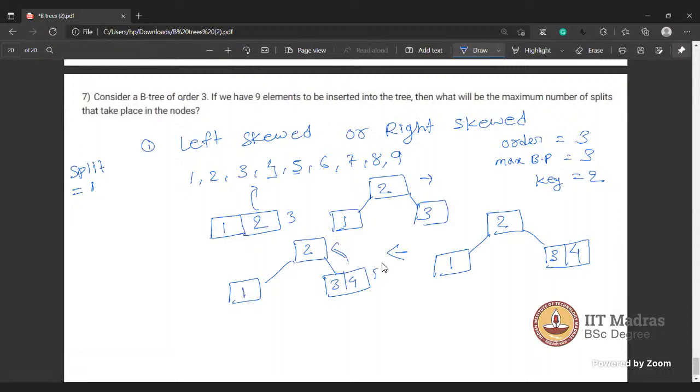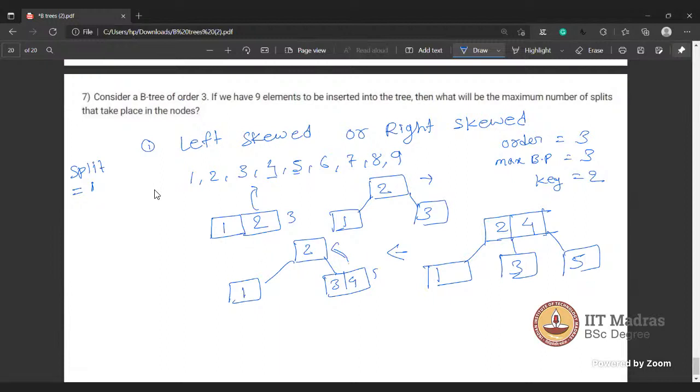Okay, so we'll get 2, 4 at the top, then 1, 3, then 5. So the number of splits is 2, right? Yes, sir.